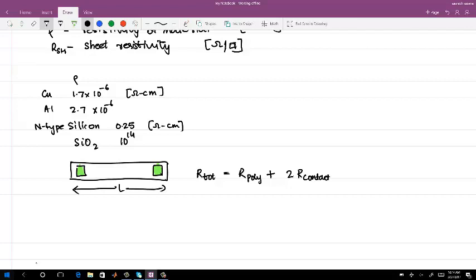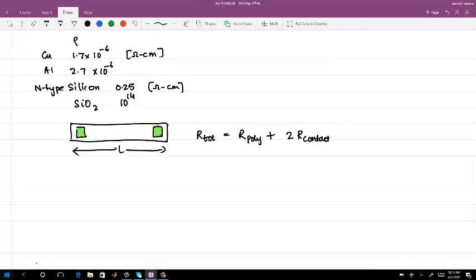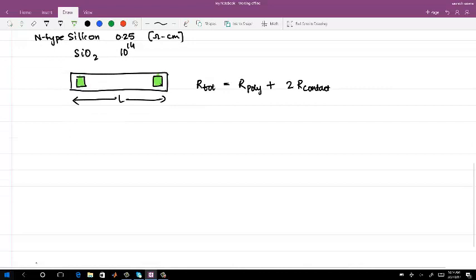And since I am talking about contact resistance, let me tell you a very important point. This is slightly off track, but it is important. Let's say you are making a differential circuit, and I have PMOS and NMOS.